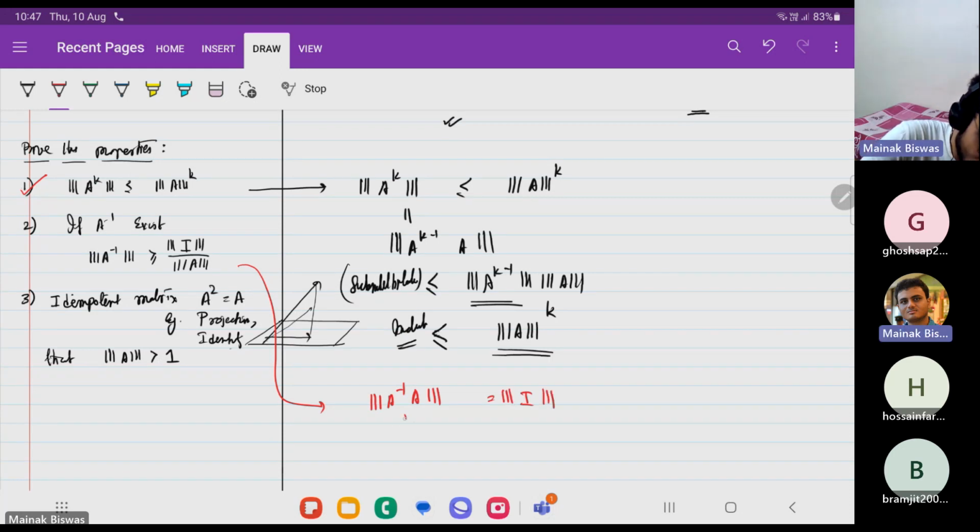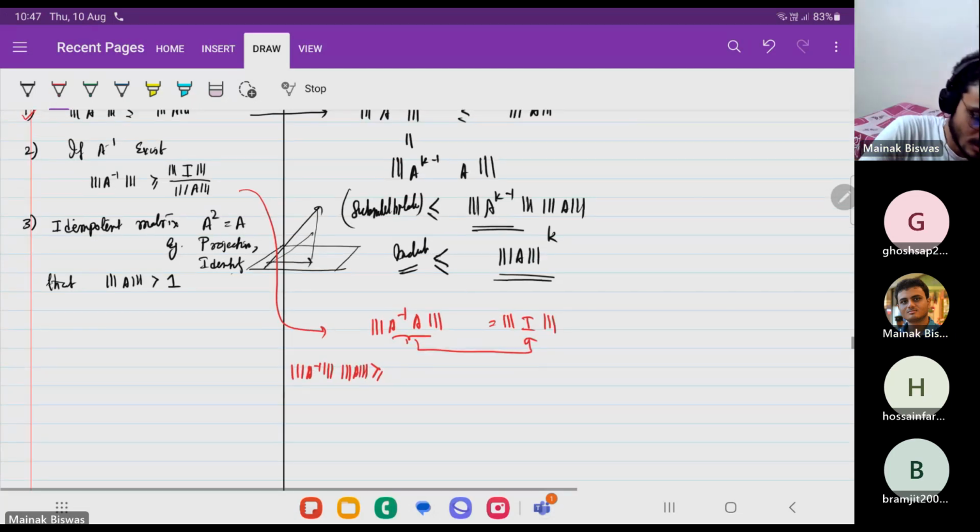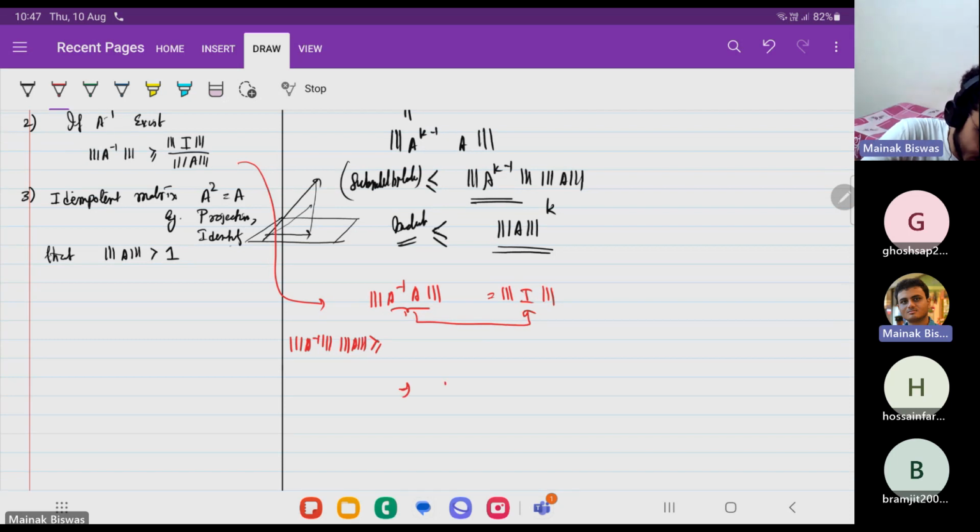This is by definition. And then the norm of identity is less than or equal to, by submultiplicativity, the norm of A inverse times the norm of A, right? So what will I get? The norm of A inverse is greater than or equal to the norm of identity divided by the norm of A, right?